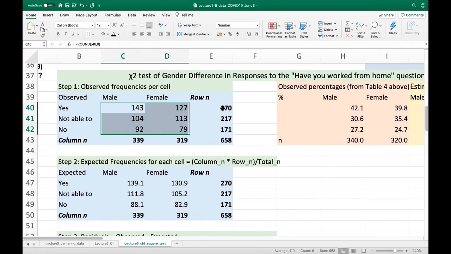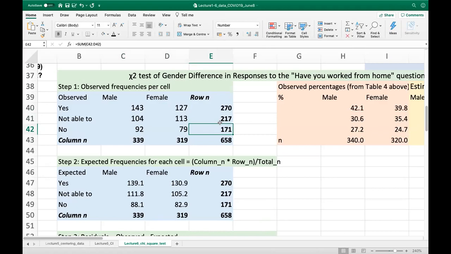If we sum up on the row, we get the row total of people who responded yes, not able to, or no. It seems like it could be the case that more women are saying that they are not able to work from home than men.